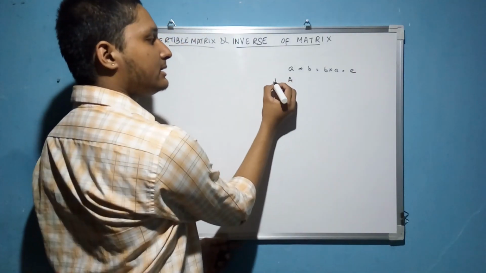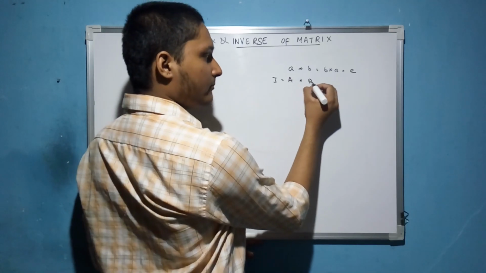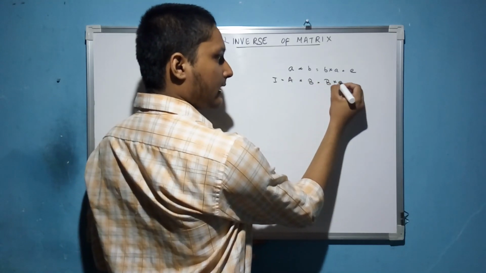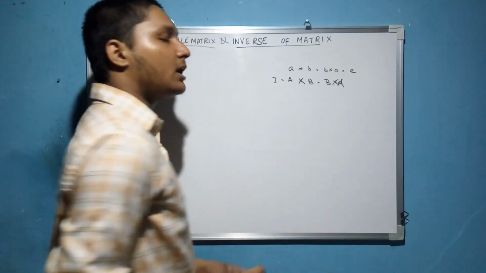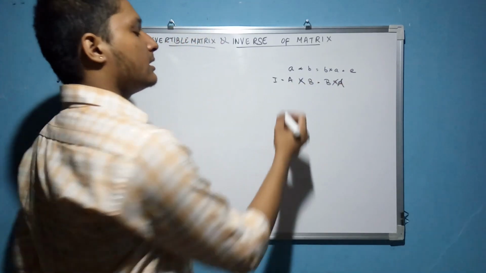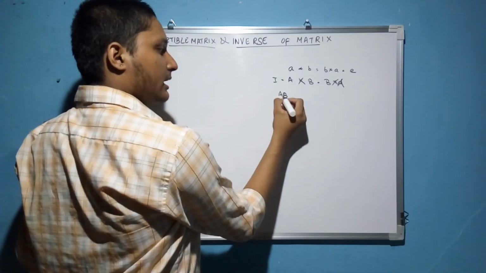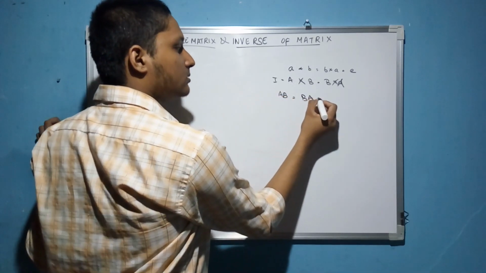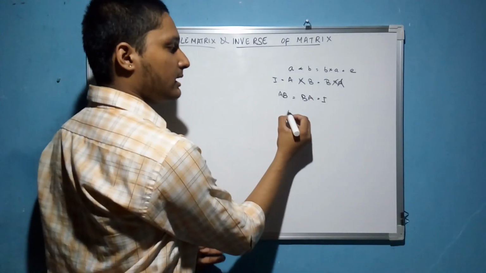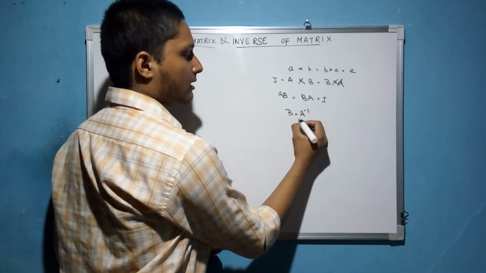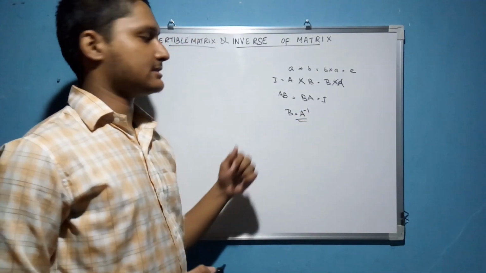Here the identity element is the identity matrix, that is I. Star here means multiplied because it is about multiplication. So if A into B is going to be I, AB is equal to BA is equal to I, only in such a case can you tell that B is the inverse of A. This is the same notation as in relations and functions that we learned, A inverse.